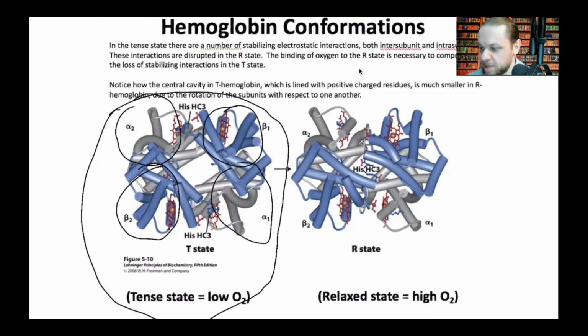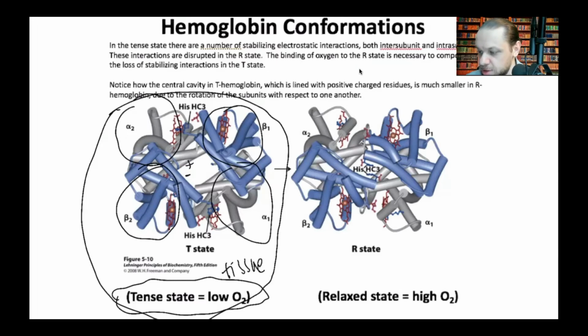In the tense state, we have different charges on the amino acids. So we have pluses and minuses, and they make connections with each other. In this case, when it's in a tense state, hemoglobin is desaturated and oxygen does not want to bind. In the same sense, it wants to get rid of its oxygen, so it wants to give off. The tense state usually happens in the tissues.